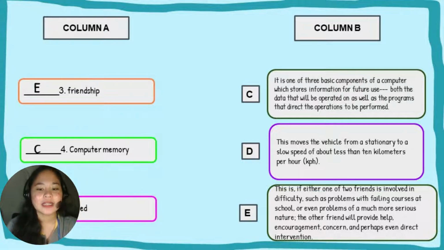Okay, for the last one, we have the word speed. When we say speed, it's letter D. This moves the vehicle from a stationary to a slow speed of less than 10 kilometers per hour.